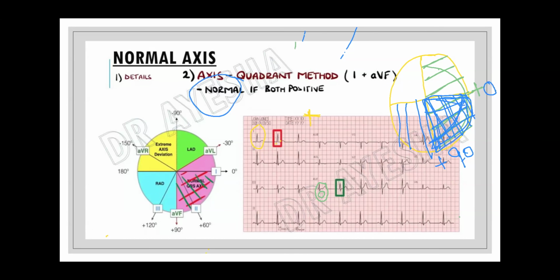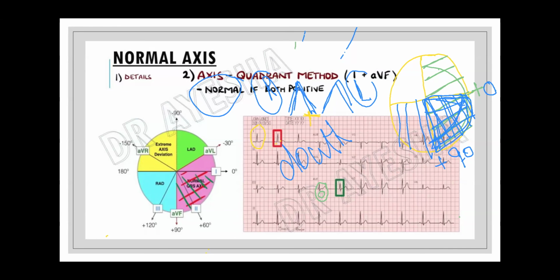So for simplification, if both leads, lead 1 and AVF, are in a positive direction, we also say double thumbs up. If you take lead 1 as your right thumb and AVF as your left thumb, and both thumbs are up, that means this is normal, this is okay, it's a perfect axis.